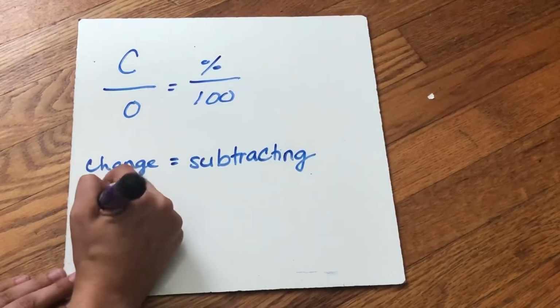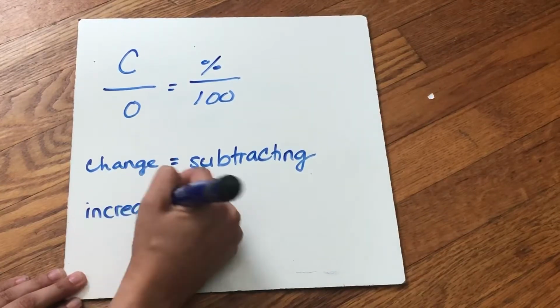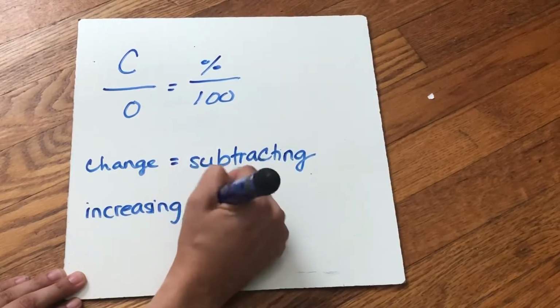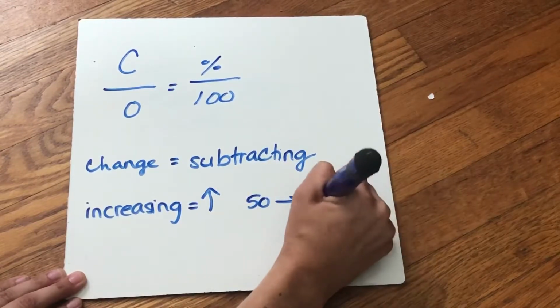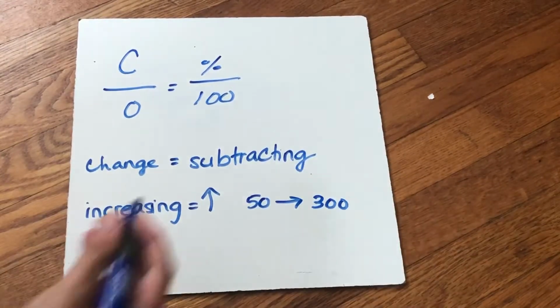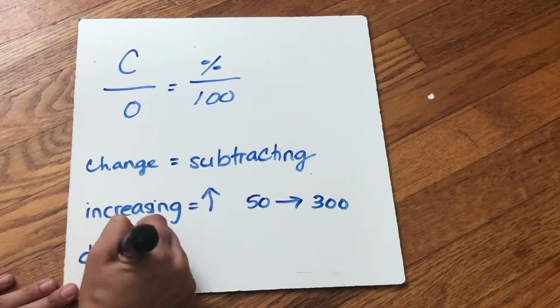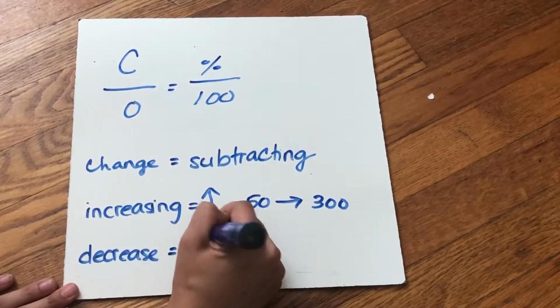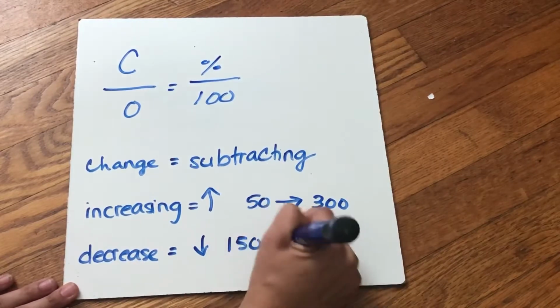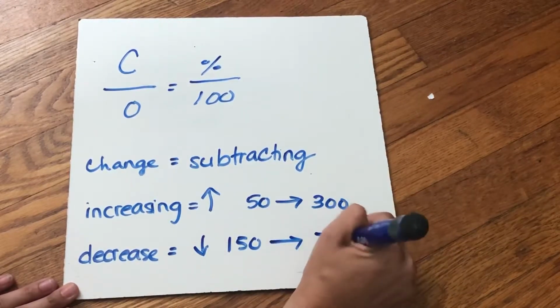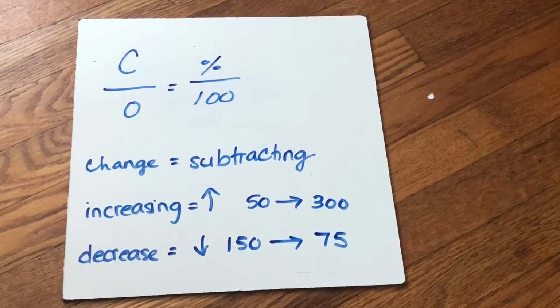An increase in something means it went up. So if my bank account went from $50 to $300, there was an increase. A decrease is when something goes down. So if my bank account started at 150, but I ended at 75, there's been a decrease.